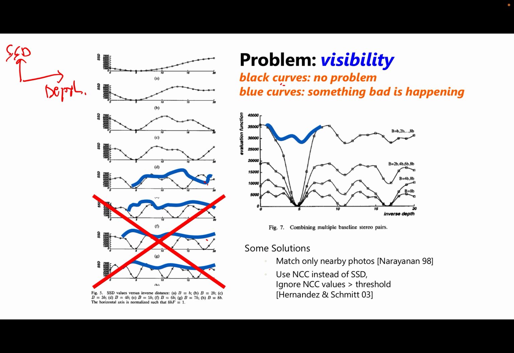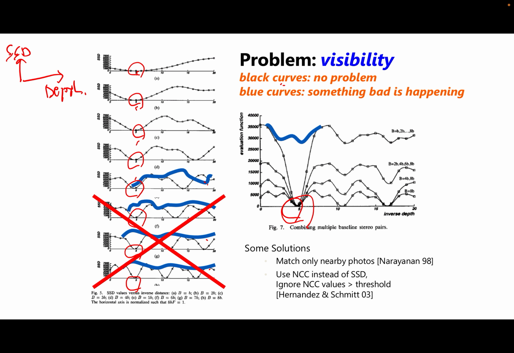If we change depth, and ignore the blue part, then we can get some depth whose error is very small. If we only consider the black part, then we can get a depth value whose error is very small. And then we can use all these depth values to get a good 3D reconstruction, good MVS.